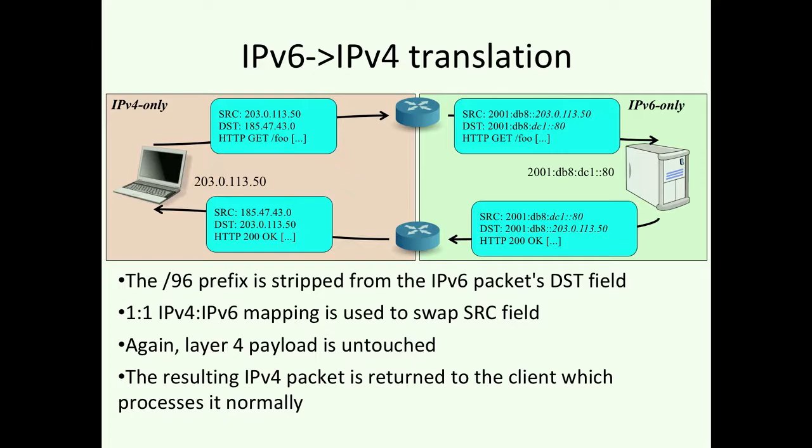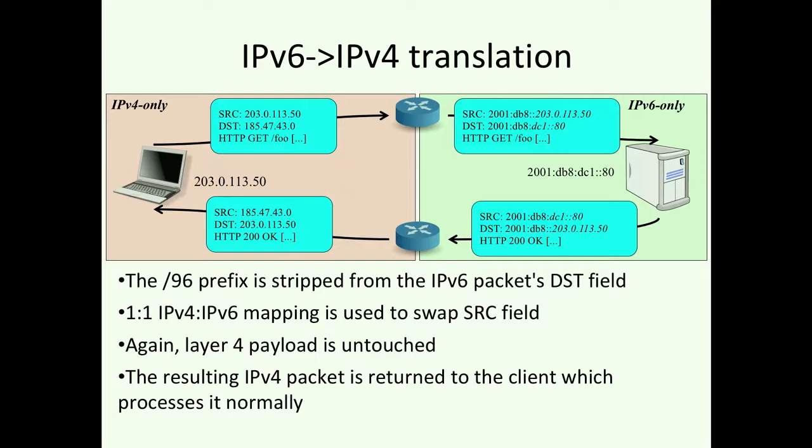The loop is complete. Of course, the layer 4 payload, like the TCP contents, ports, whatever, is again a verbatim copy. So this response packet here looks exactly like what the client expected to receive as a result of sending this packet. And the same with this response packet here: it is what any IPv6 server would expect to send as a result of this original request packet.